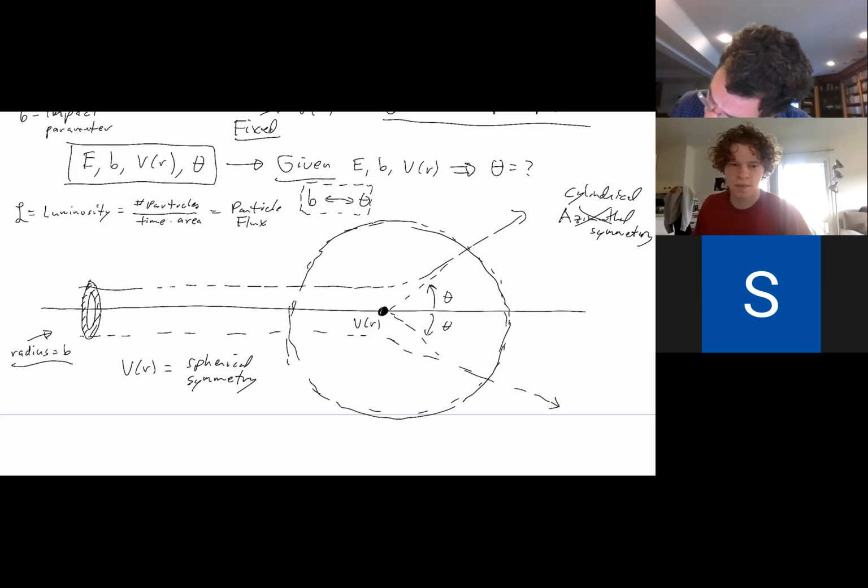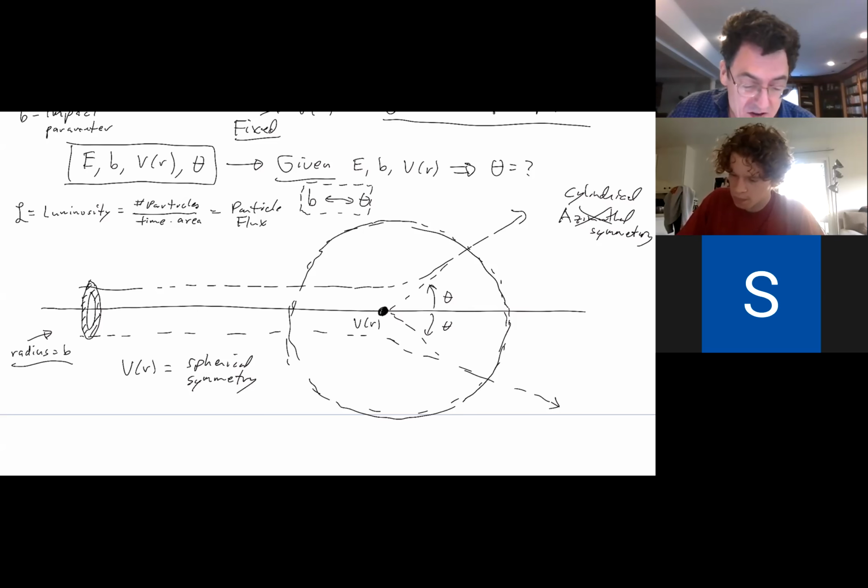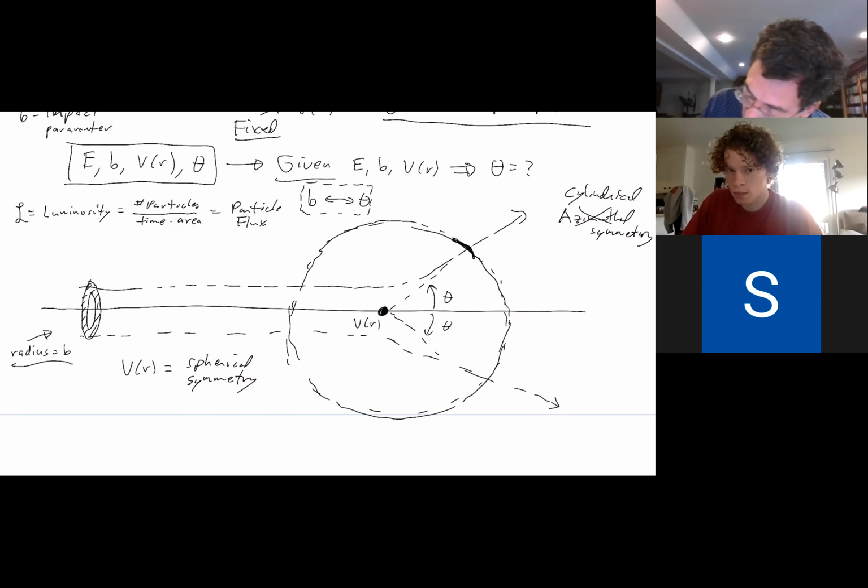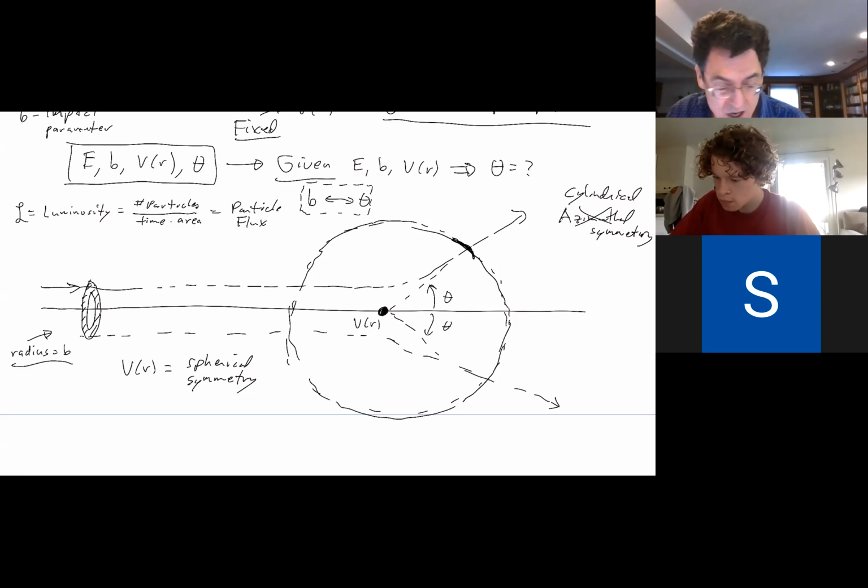Okay, and so we draw that sphere, and then we notice that these particles that are deflecting, I follow all the particles that go into this annulus, and I notice that they all come out into a solid angle. So I can define a solid angle like this.